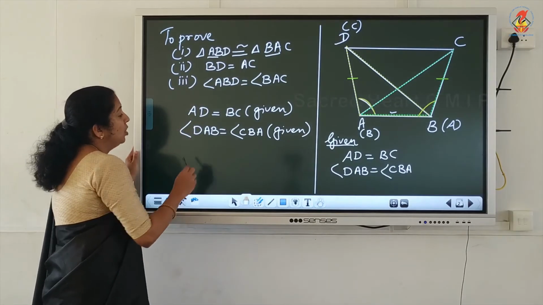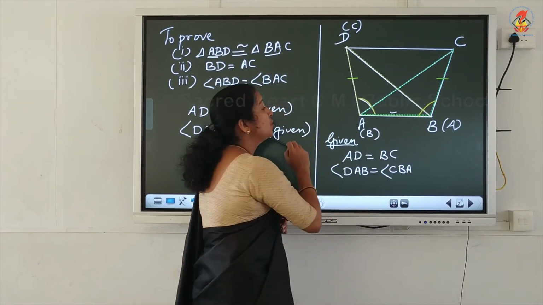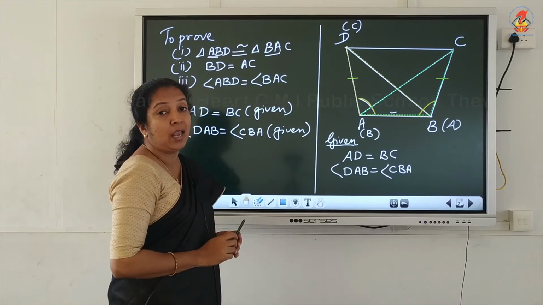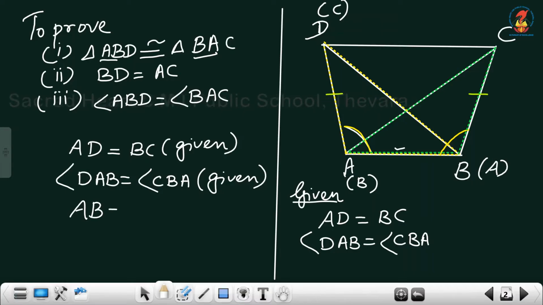So, we can write this as AB is equal to BA, common. So, what we got is two sides and included angle.